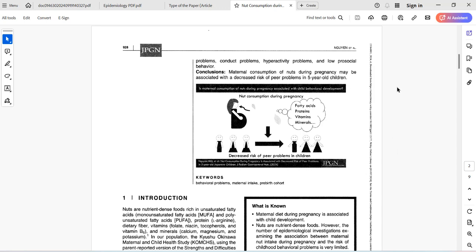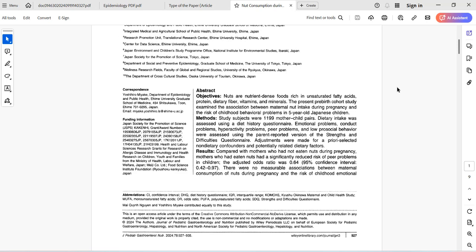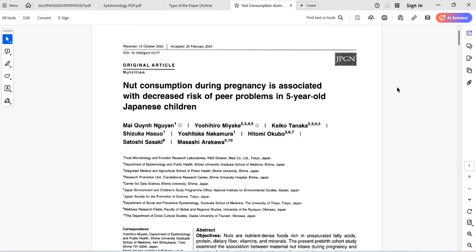And so why age 5? Well, maybe that is an age where in Japan it's very common to do assessments. I don't know. I'd have to read the article again to evaluate that. This was not a prospective study, so they weren't collecting a cohort of women and then following them for 5 years, but they were looking at their historical reports of nut consumption and then looking to see if there were differences in behavioral development between the two groups.